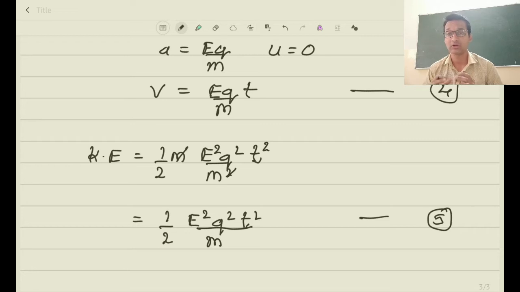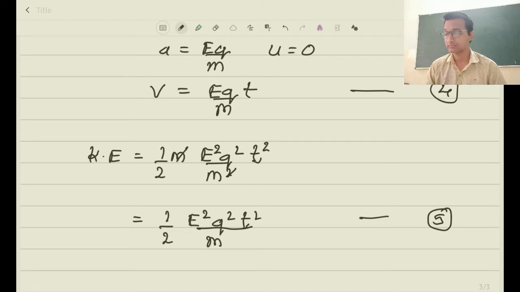So whenever we are talking about electric field and trying to find out the kinetic energy, most probably we will use this equation instead of 1 half mv square, because again to find the velocity we will have to use electric field, charge and mass. So this is a convenient equation for a charged particle moving in a uniform electric field.